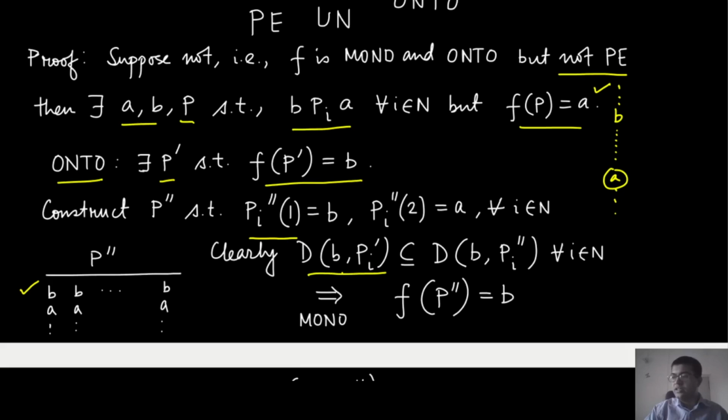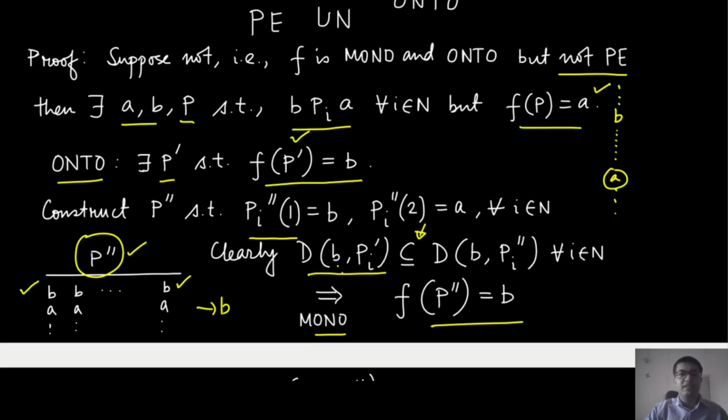You see that at P prime the outcome is B. The dominated set of B under P prime is a subset of the dominated set of B at P double prime. So B's position has weakly become better, because in P double prime B has moved to the top, so this implication is definitely going to hold. Now if we apply the property of monotonicity, the outcome in this preference profile must be equal to B.